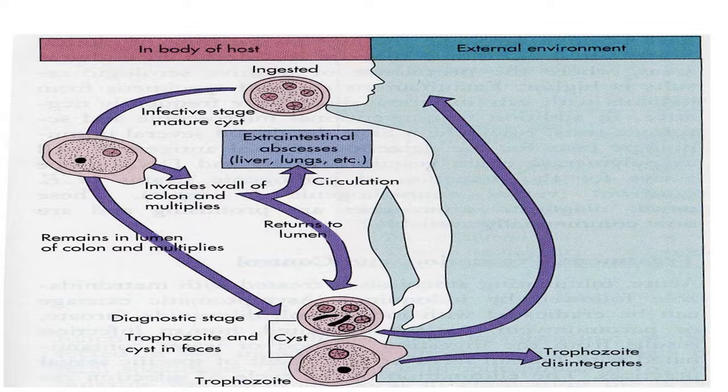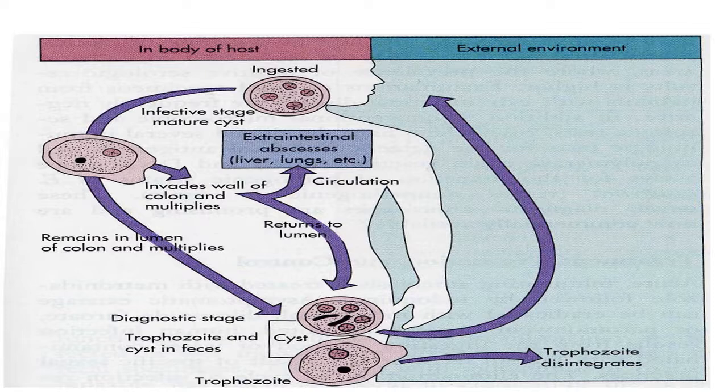When they reach the large intestine, it becomes a trophozoite, and in the large intestine they multiply, that means the number of trophozoites increases. When the condition is unfavorable, it becomes a cyst stage. When we examine a stool sample, we can see both the trophozoite stage and the cyst stage.